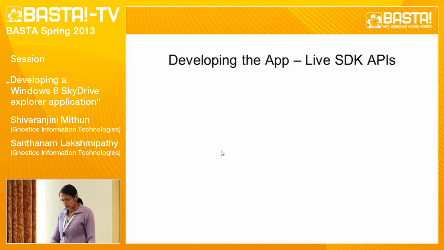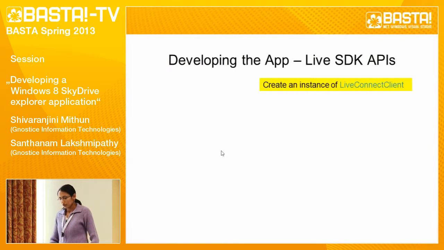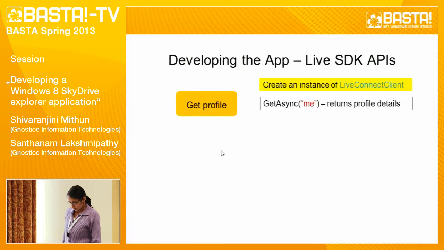So now let us see how to use this class to implement the main features. The first step is that we need to create an instance of the LiveConnectClient class. Once we create the instance, the first thing we are going to do, as soon as the user is signed in, is get their basic profile details to display a welcome message. This is the call we are going to make. We call the GetAsync method, and we pass me as the parameter.